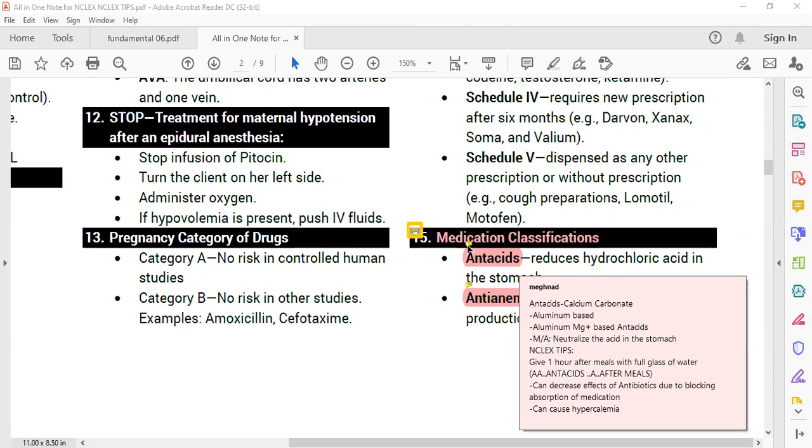And there are different forms of antacid we use, some are aluminum based and some of them are aluminum magnesium based. The common side effect of all antacids is that they can cause constipation.